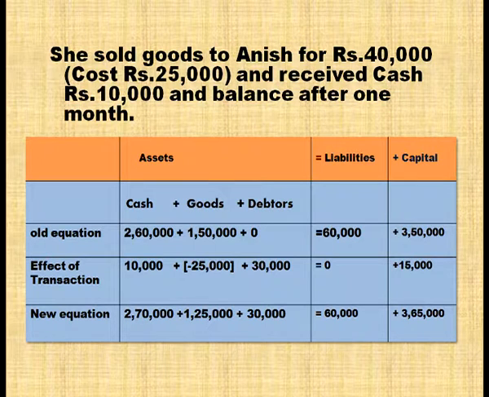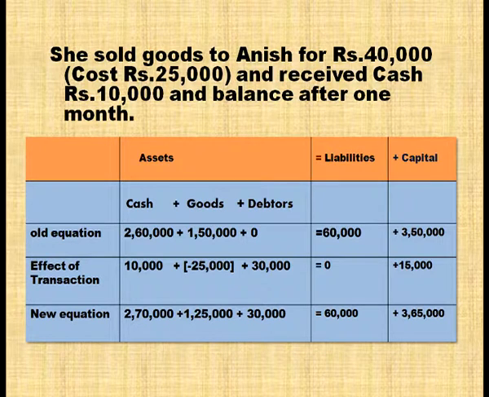So, that is deducted from the capital. So, in this question we have a profit. So, it is added with the capital. So, plus 15,000 with capital. So, in the cash column 2,60,000 plus 10,000 will give you 2,70,000. In the goods column 1,50,000 minus 25,000, 1,25,000 will be the balance. Debtors column 30,000.